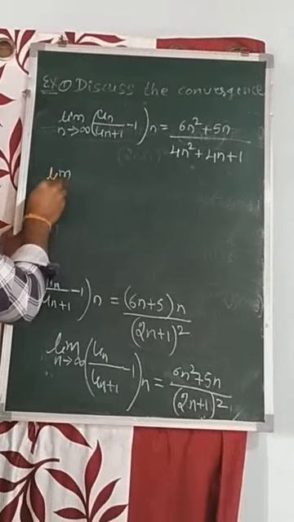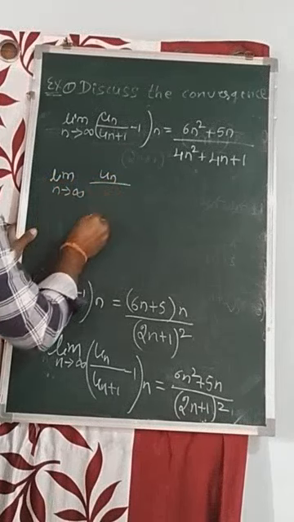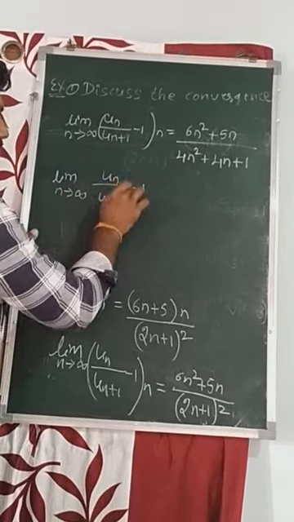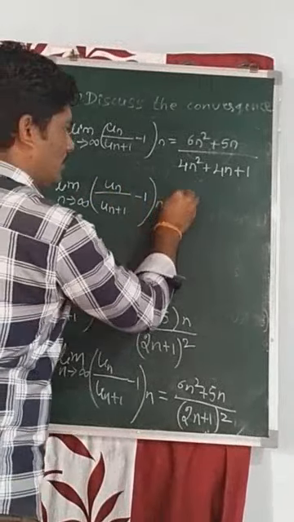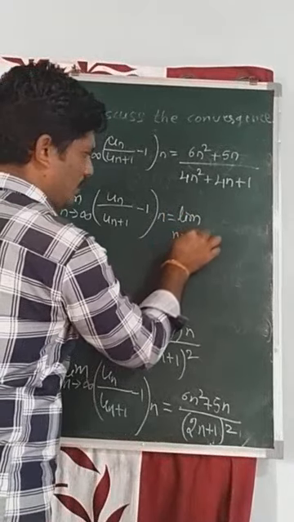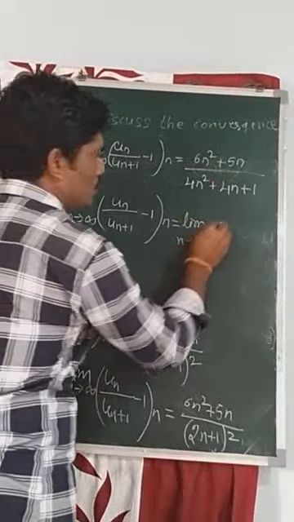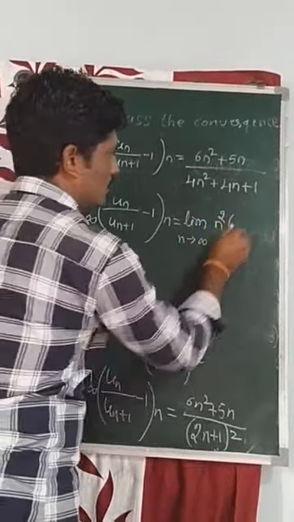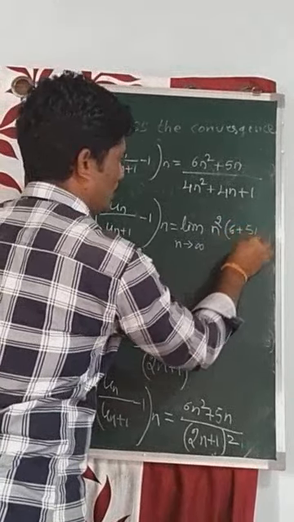Limit n tends to infinity, un divided by un plus 1 minus 1 into n equal to, applying the limit on this side, take the n square outside, 6 plus 5 divided by n.